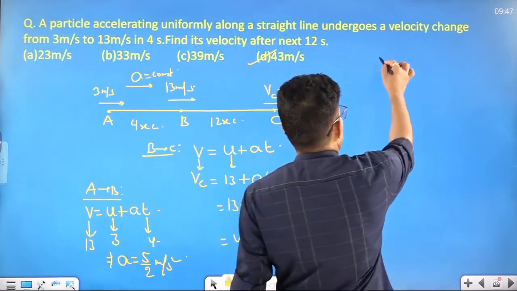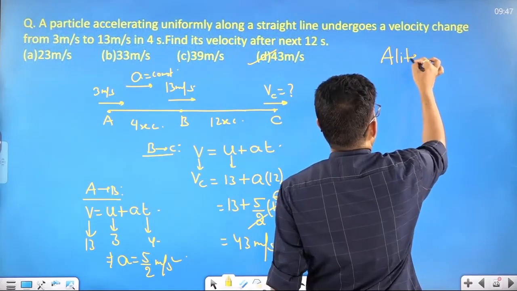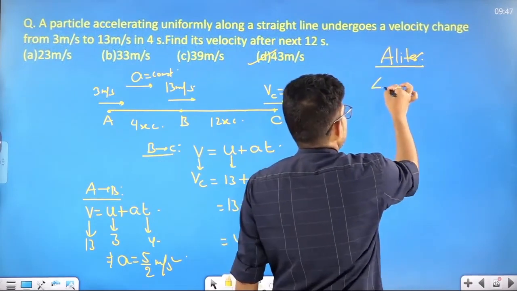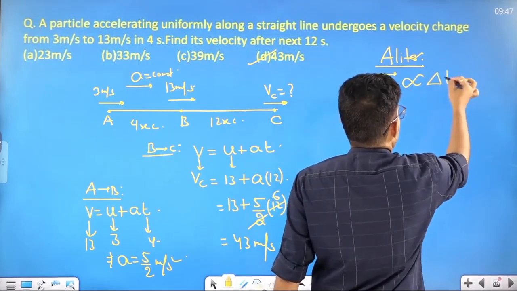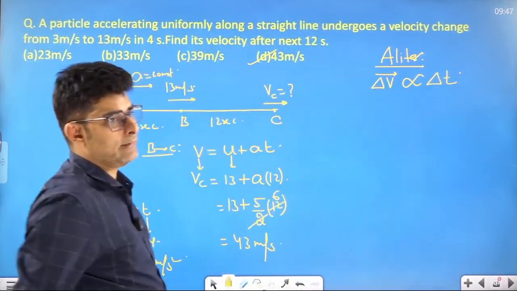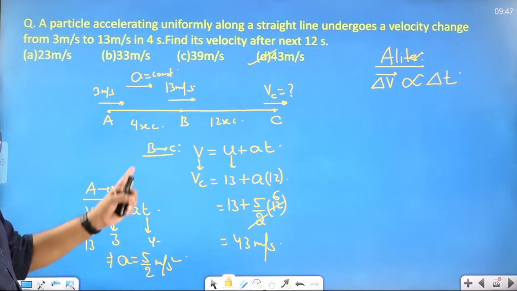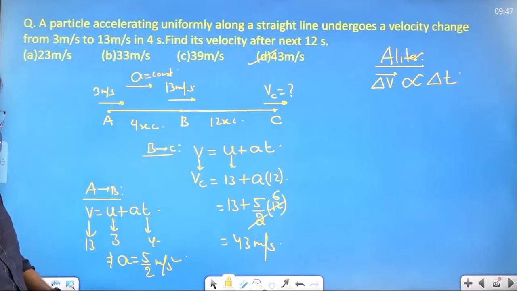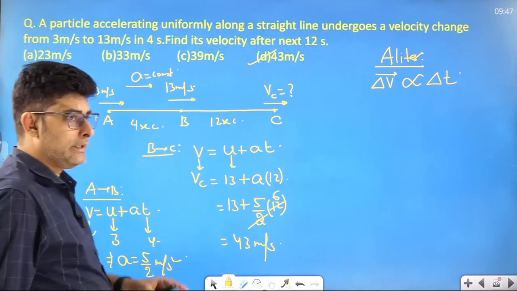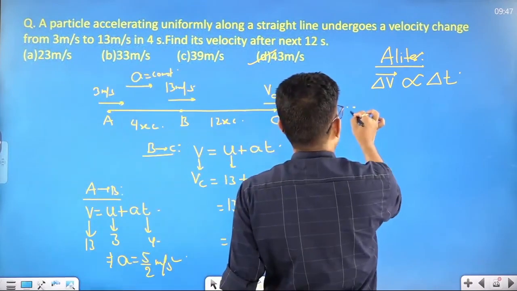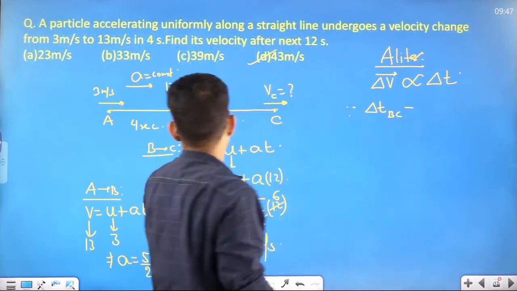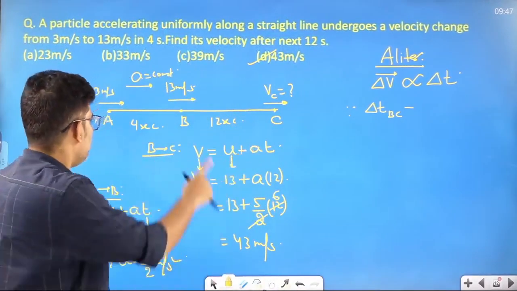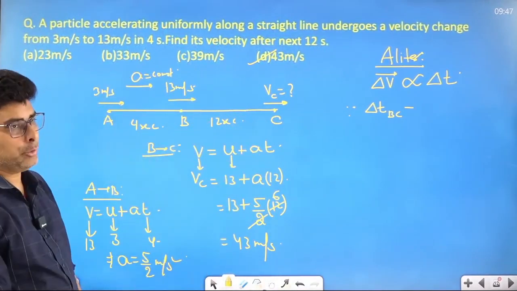If I go by the alternate method, did I say that change in velocity is directly proportional to time interval? Did I say this? Change in velocity is directly proportional to time interval. Okay. Now you see the time interval from B to C is how much times the time interval from A to B?